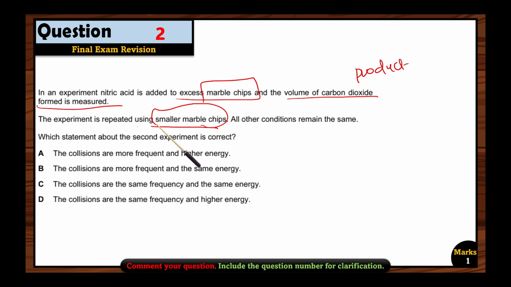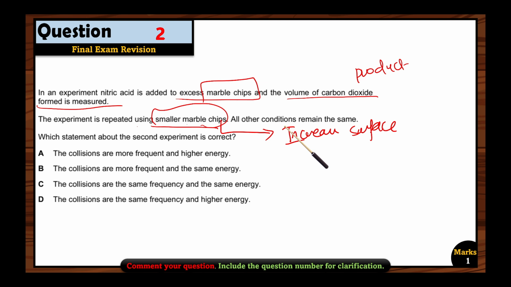So it means they decrease the particle size. If they decrease the particle size, it means they have increased the surface area, right? All other conditions remain the same. So now which statement about the second experiment is correct? In the second experiment, if you increase the particle size, the rate of reaction of course will increase.